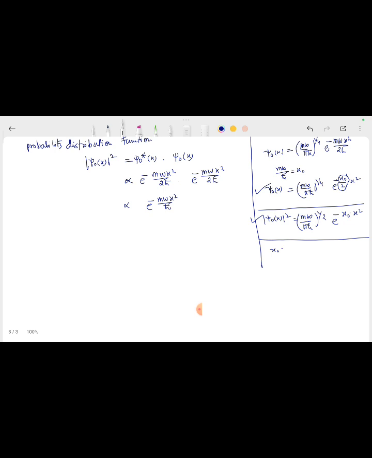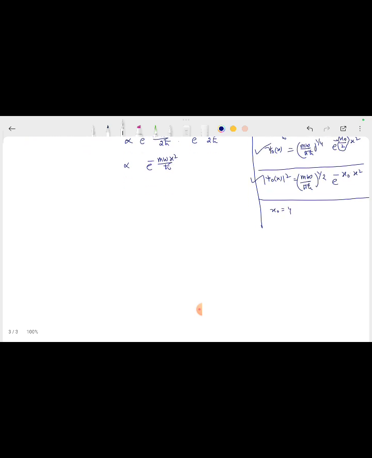If we take x0 equals to 4, then psi 0 is proportional to e to the power minus 2x square, and psi 0 mod square is proportional to e to the power minus 4x square.